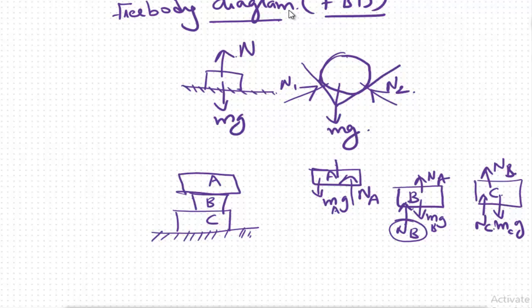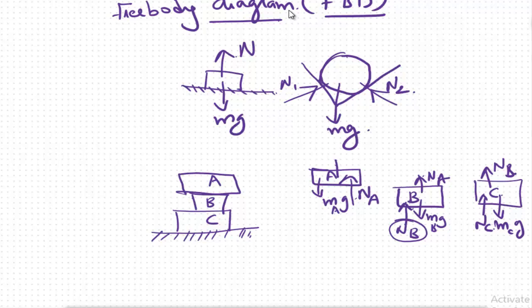So while we are considering A, mg is acting downwards. That mg acting on B causes a force acting towards A. The reactional force is given by B towards A. And when we consider B, it will be giving the reactional force towards A. These two are the same, right?